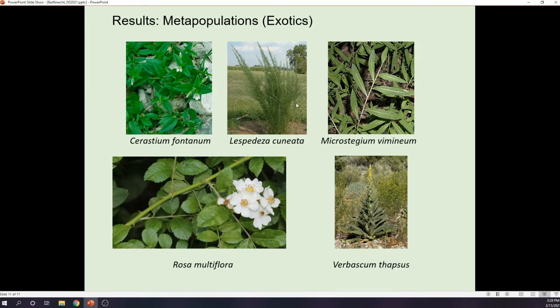Lespedeza cuneata, sericea lespedeza, is a legume-based species that's been known to create very dense monocultures within open prairie communities due to its allelopathic and shading out abilities.